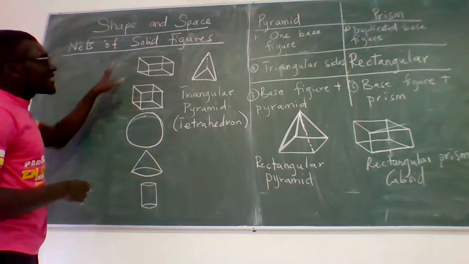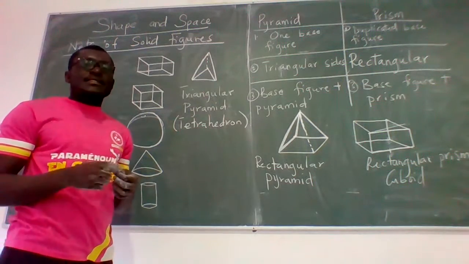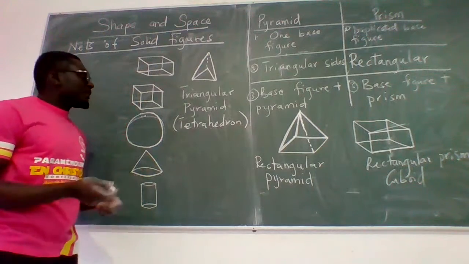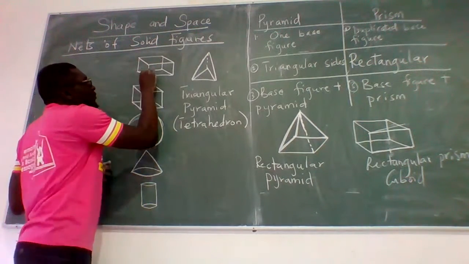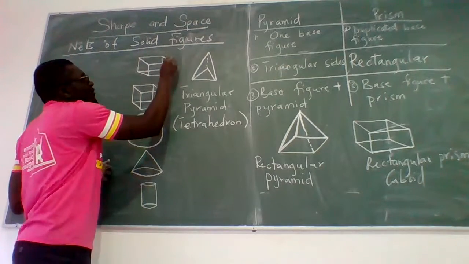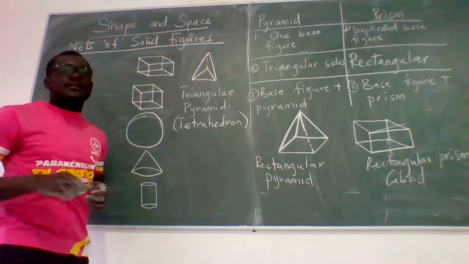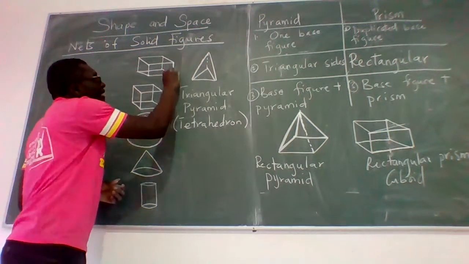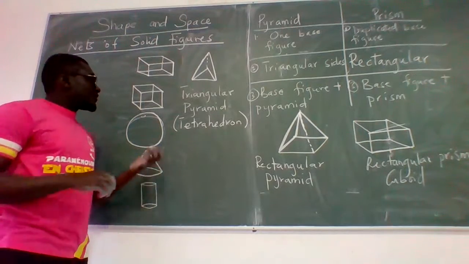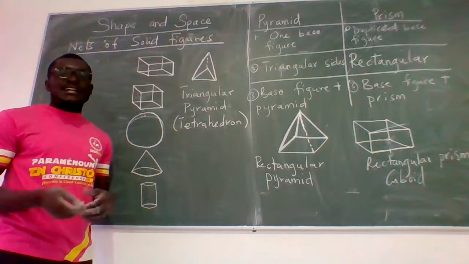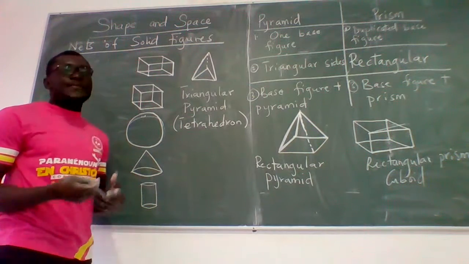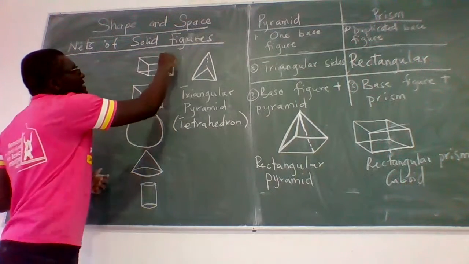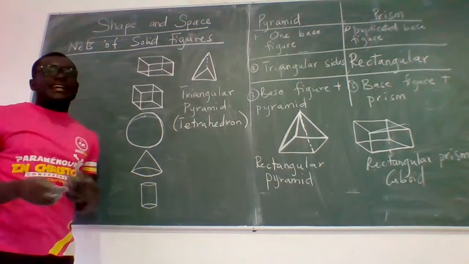Now, this also brings the idea of faces and then edges and vertices. We know that with the plane figures, we said the corners where they are connected are called the vertices, and then the lines that join them are called the edges. So in solid figures, there is an additional thing that comes out, and that is what you call the face. The face is where these edges are meeting to form another plane figure.